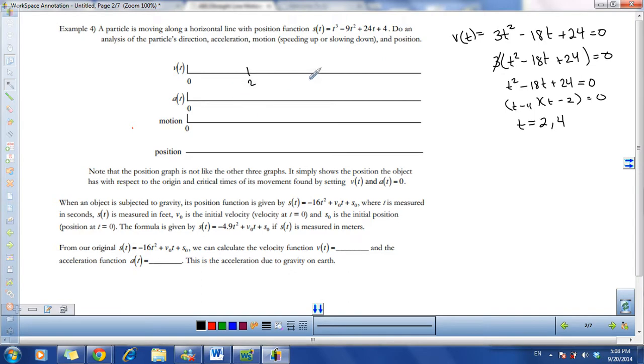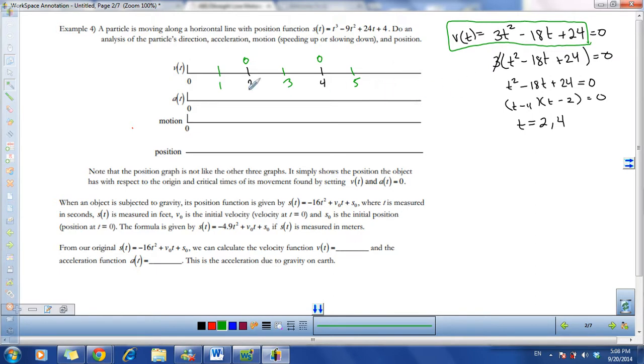I put it here, and I put it here. Then I'm going to test other numbers in between. So 1, 3, and 5. Remember, I just need to know what direction it's going. I know that at 2 we stopped. So it's 0 at 2 and 4 because that's where we stopped. So let's check out our velocity. Let me put a box around this, in case I forget where my velocity function is.